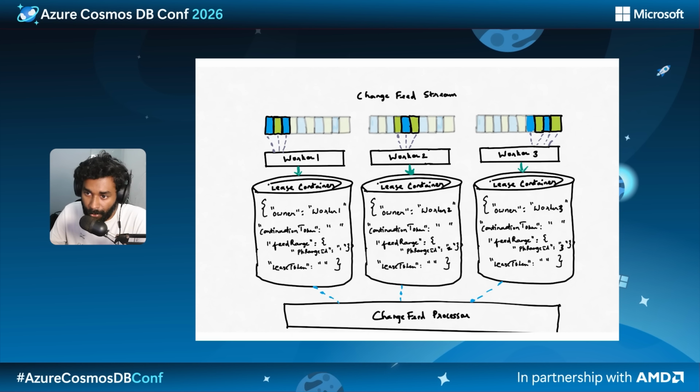This lease container stores metadata such as which worker owns a particular feed range, the continuation token, and processing checkpoint. This means that if one worker fails, another worker is going to take over and resume the processing from where the previous worker stopped. All of this coordination is handled by a library called change feed processor.